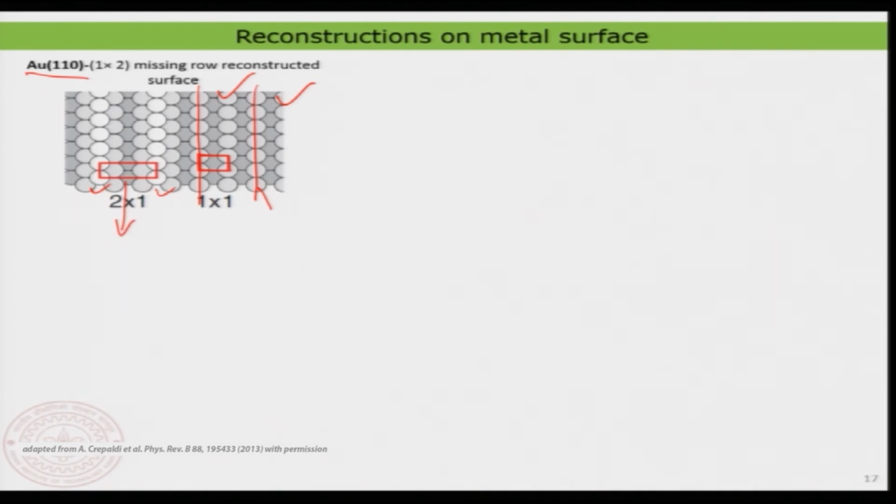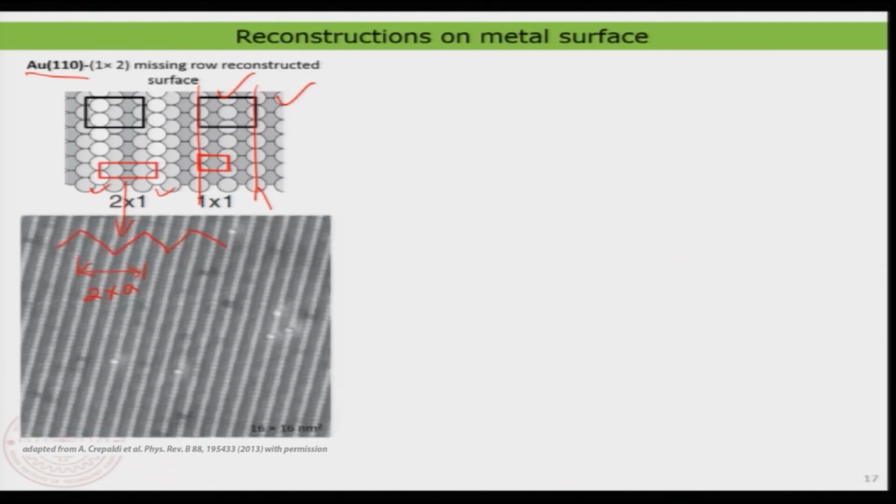After the reconstruction, the surface is extremely corrugated, and it looks like a wedgy surface. The side view would be something like this, an extremely wedgy surface, and this distance is 2 times a, and that is why it is called a 1/2 or 2/1 reconstruction, whichever way you want to put it. We can have a look at the STM image of the surface.